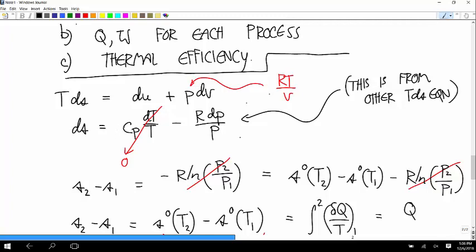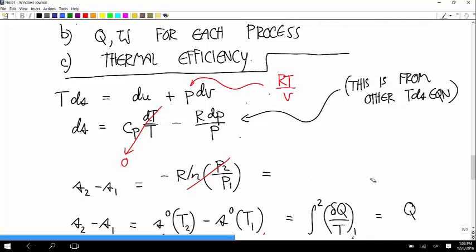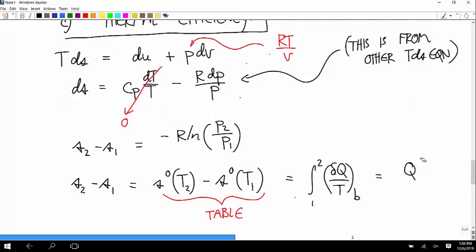Oh, and okay, so these two things, I think that was sort of circular logic, right? Those are coming from the same place. Okay, so let me go back to this.